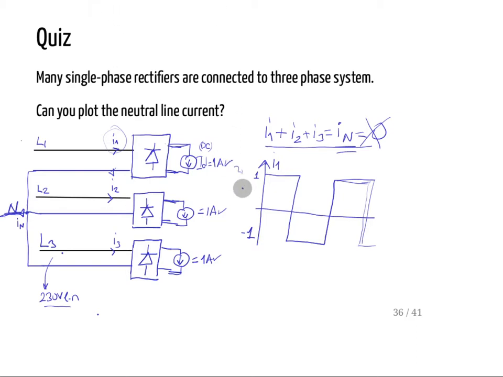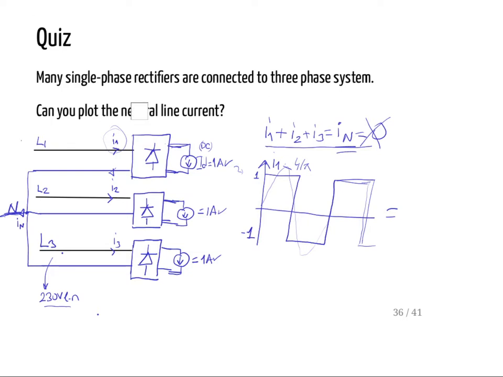So let's write that waveform. If you remember from the Fourier series, I will have the 4 over pi component of the fundamental, then the third component, then the fifth component, and it goes like that.